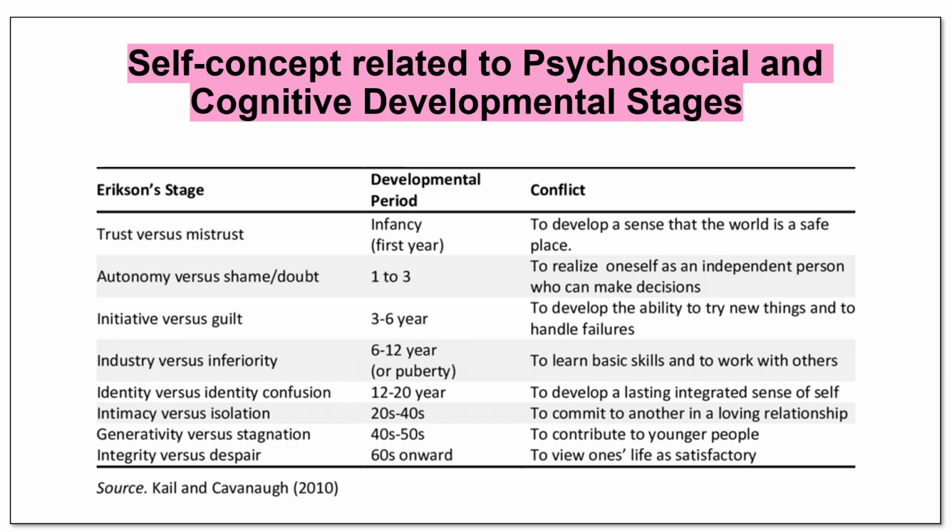The nurse must consider the patient's stage of development. So self-concept develops and changes across the entire lifespan, as we see starting in infancy. Self-esteem tends to be highest during childhood. This is when children are learning how to be autonomous. They're learning how to become independent and function in the world.